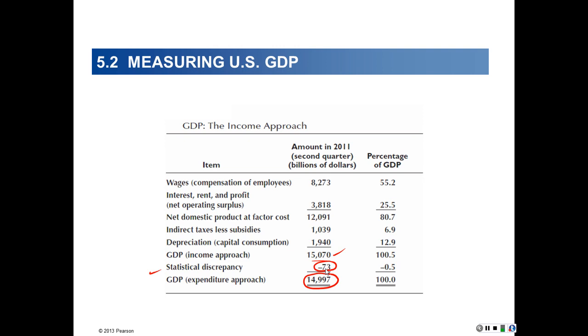Well, the big item, of course, is wages. Labor is the commonest resource out there owned by households. We all own labor. Not all of us own capital. Not all of us own land, and certainly not all of us are entrepreneurs. So labor is the biggest ticket item there, correct? It's more than half, you can see. 8273 divided by 14,997 is more than 50%, clearly.